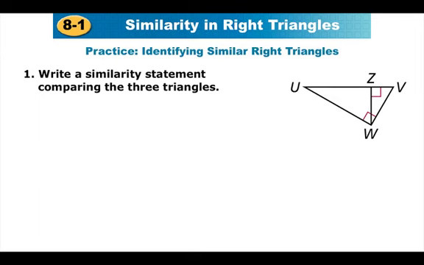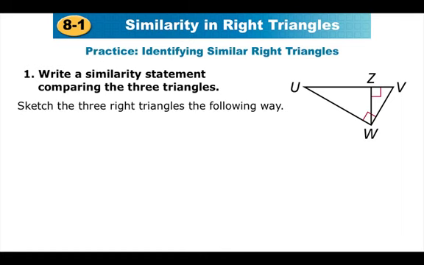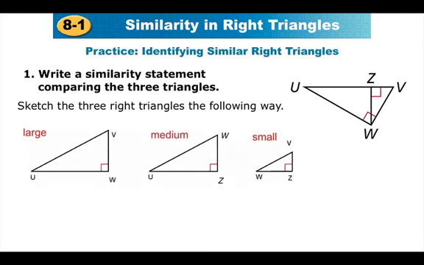Here's number one. It says write a similarity statement comparing the three triangles. So this is what we're going to do. We're going to sketch the three triangles the following way. Notice that I have the large, the medium, and the small triangle. Why did I sketch them this way? Because of this.